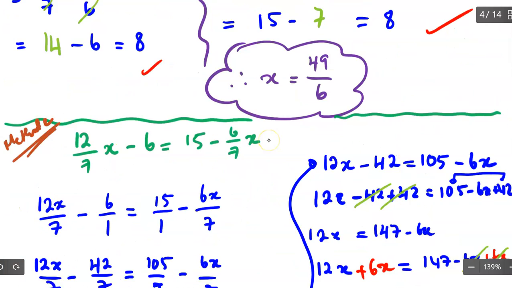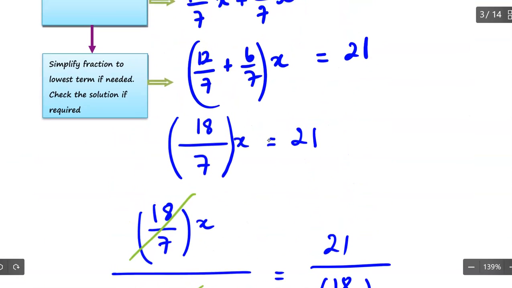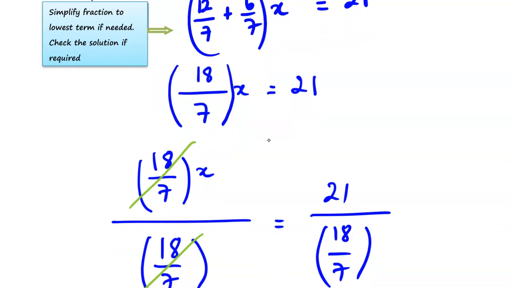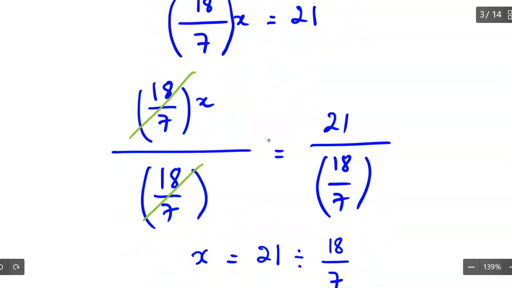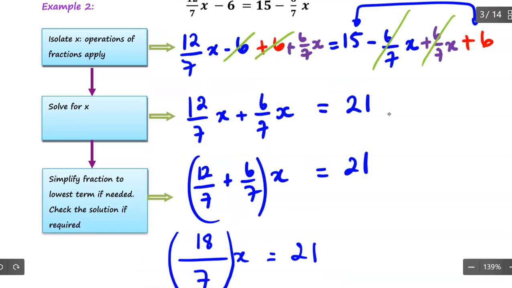For this one, you rely on the calculator, and even when you rely on the calculator, you still have to think of the fundamental steps of operating with fractions and collecting like terms. If the coefficient of x involves a fraction, you just perform the exact same process as with a whole number. So don't let the fraction confuse you.